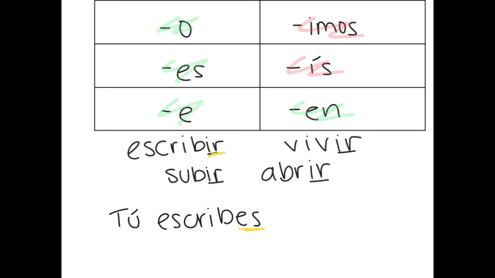So now, if I want to use, we'll use vivir for this one, and then we'll use it in the ellos, ellas, ustedes form. So if I want to say ustedes, and then use vivir, I'll conjugate that, and I'll say viven. Because that way, I'm replacing that IR with the EN from the ellos, ellas, ustedes box.